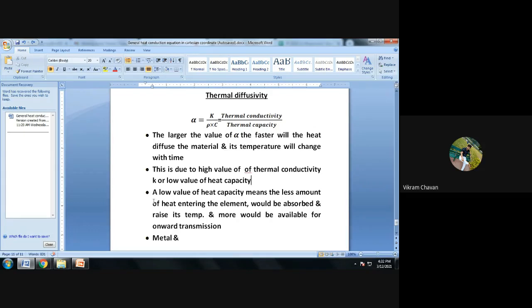A low value of heat capacity, meaning thermal capacity, means less heat entering the element would be absorbed to raise its temperature, and more would be available for onward transmission.